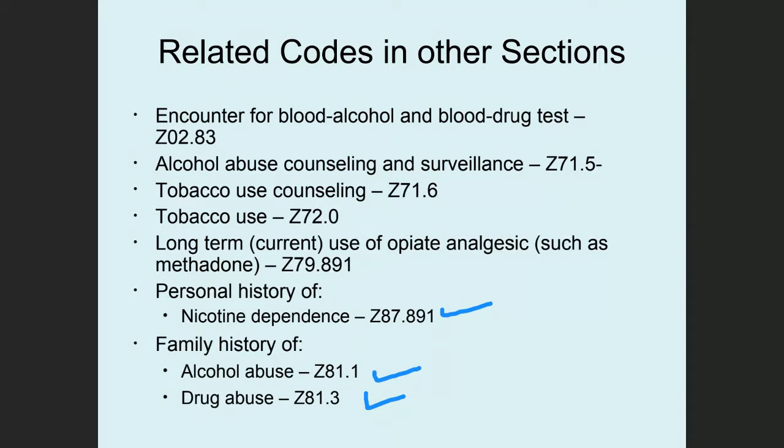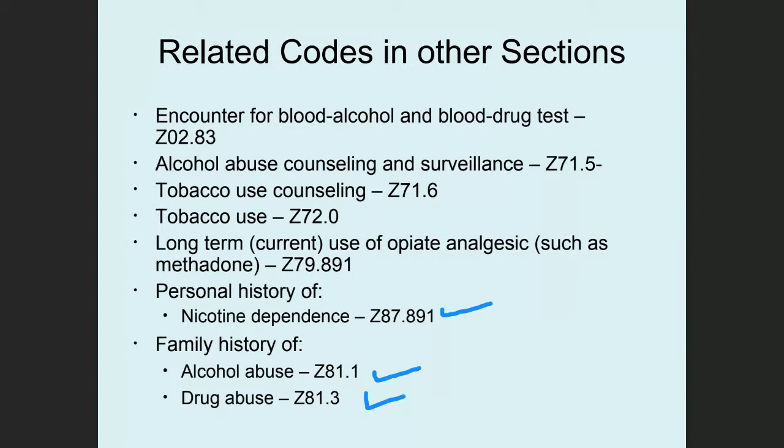If you look up history, personal, alcohol dependence, you're referred not to a Z code, but to F10. If you look up history, personal, drug dependence, you're referred to dependence, drug, in remission, codes F11 to F16. If you look up history, substance abuse, NEC, you're referred to F10 to F19.